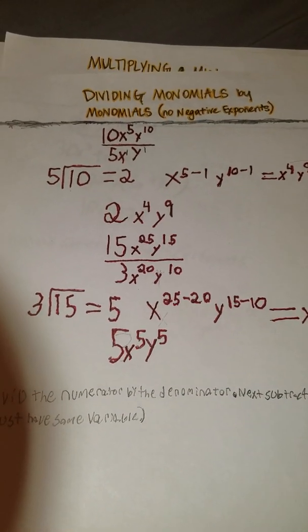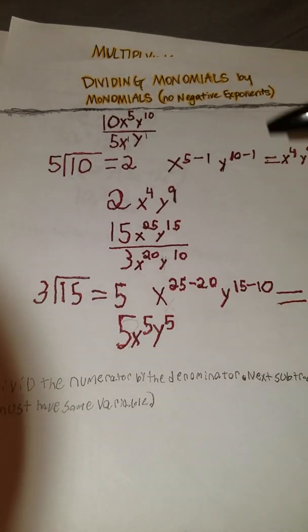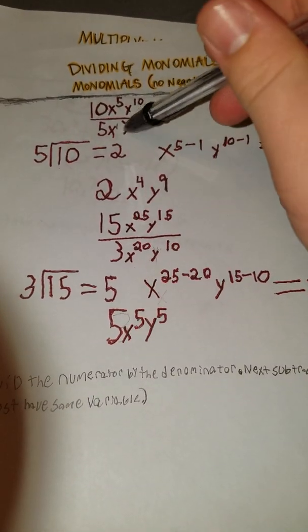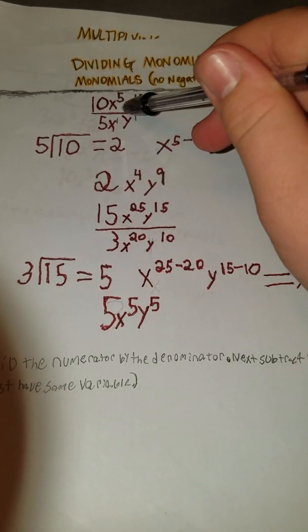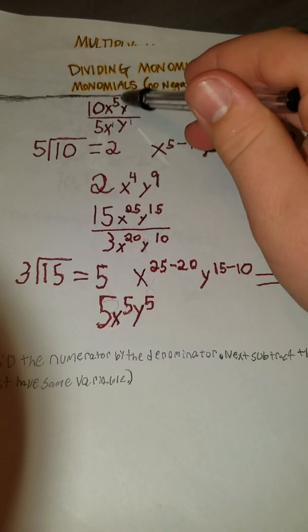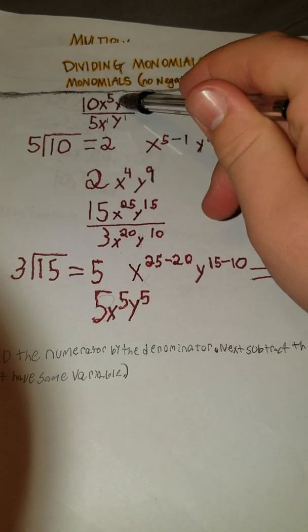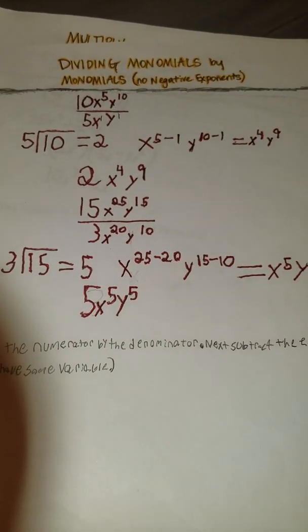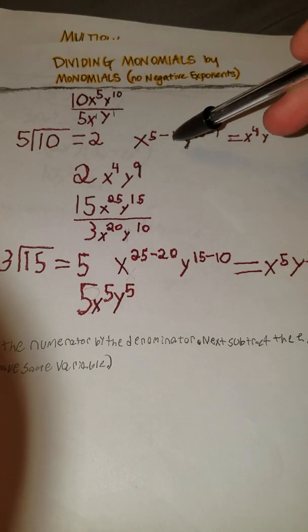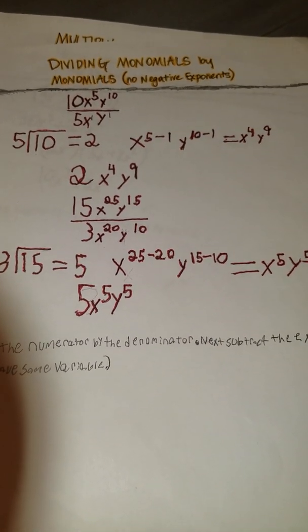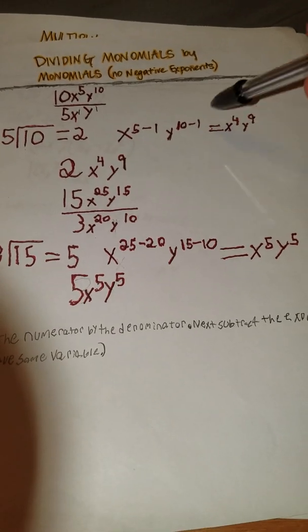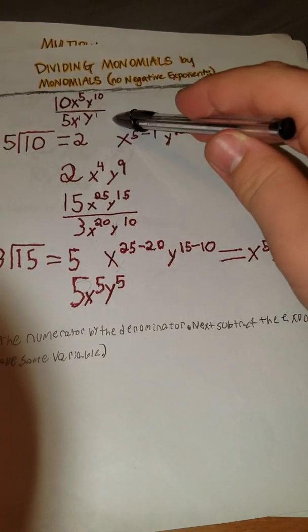So you would subtract the smallest from the biggest, and that's where the exponents would go. So it would be x to the 5th power, subtract 1 power, y to the 10th power, subtract 1 power, since there's 1's there.